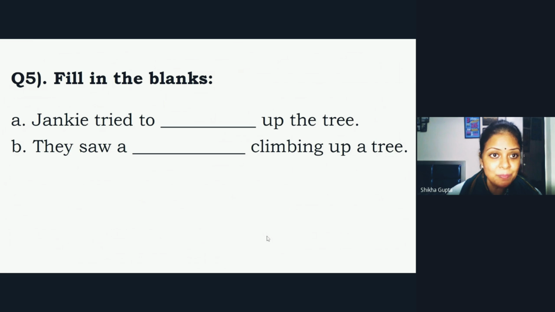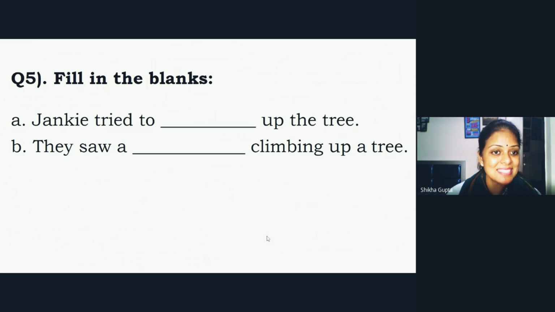So now let us revise fill in the blanks. First fill in the blank is Janki tried to dash up the tree. Think of the answer. Yes.